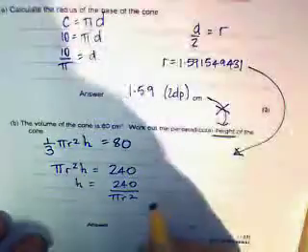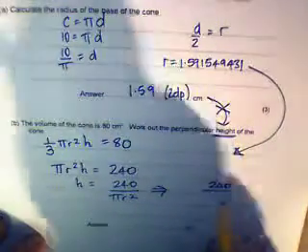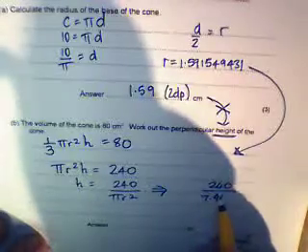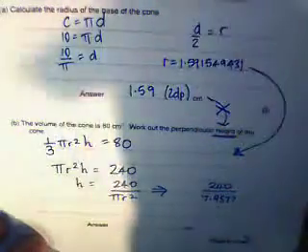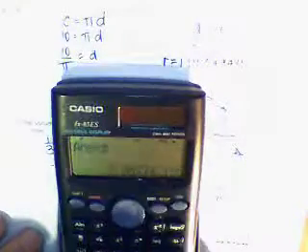Times by pi, and I get an answer of 7.9577... So with the calculator, that's my previous answer, so I just clear, 240 divided by my previous answer, and that gives me 48 over 5 pi.